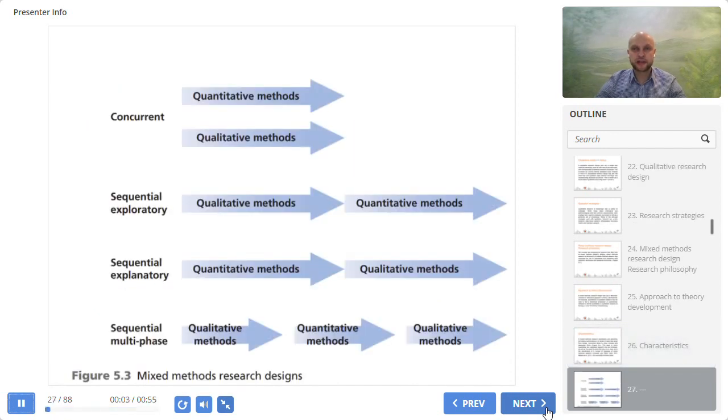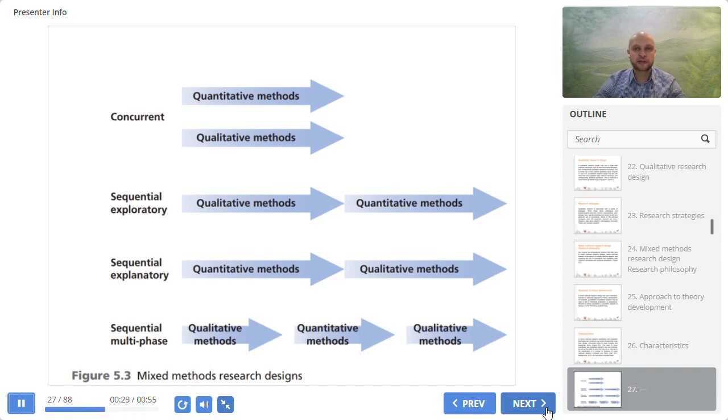Concurrent mixed methods research involves the separate use of quantitative and qualitative methods within a single phase of data collection and analysis. Using a concurrent mixed methods design should provide richer data than a mono-method design and be shorter in timescale as well as more practical to undertake than a sequential mixed method design.